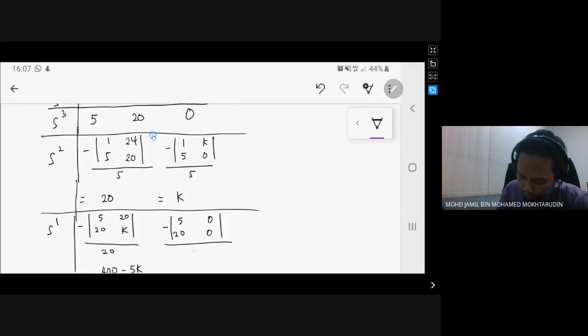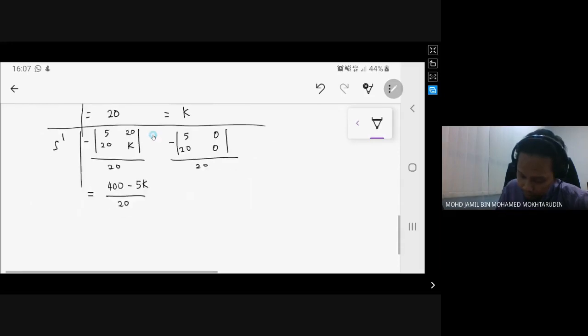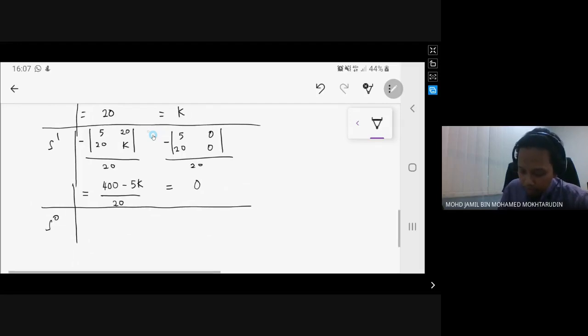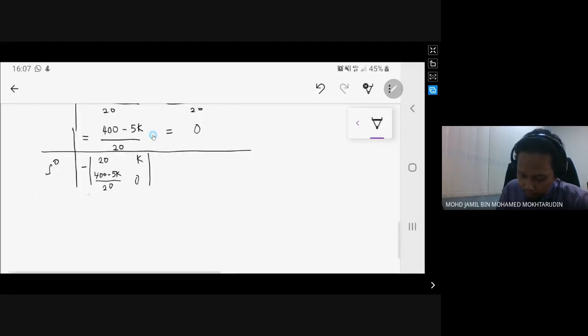So you get 0. And then lastly, S naught. So for S naught, determinant of 20, 400 minus 5K over 20, K, 0 divided by 400 minus 5K over 20. So here you will get K.